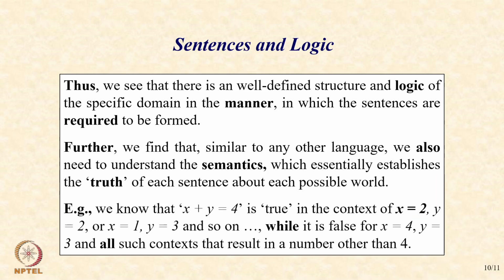For example, x plus y equal to 4 is true in the context of x equal to 2, y equal to 2, or x equal to 1, y equal to 3, and so on. We could create all these combinations for which the sentence will be true, but it is false for x equal to 4, y equal to 3, and all such contexts that result in a number other than 4. This is what we mean by semantics.